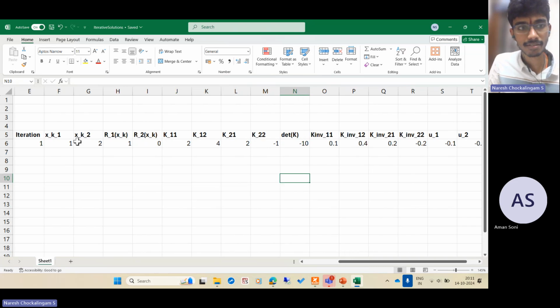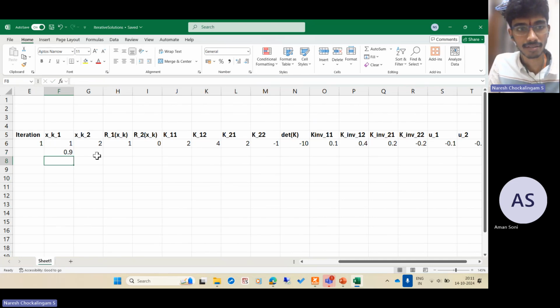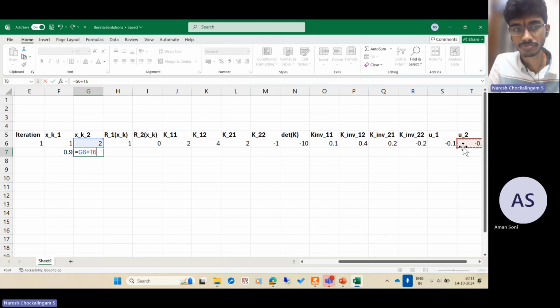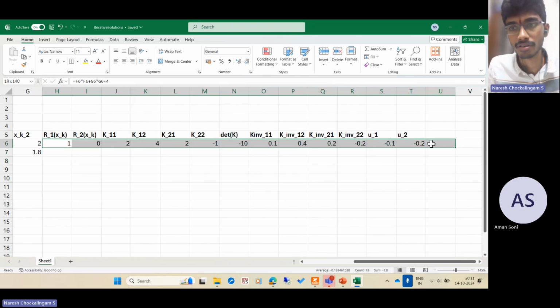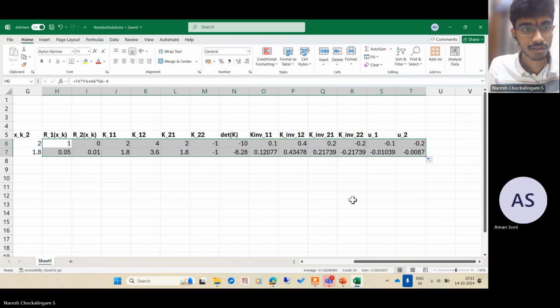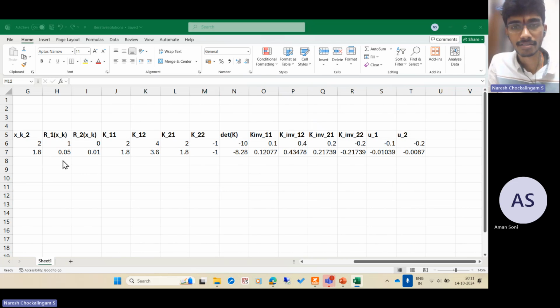So for the next iteration, this is equal to this plus u1, and this is equal to this plus u2. This is the second iteration, and all these can be simply dragged down. So you drag it down and we get r1 as 0.05.